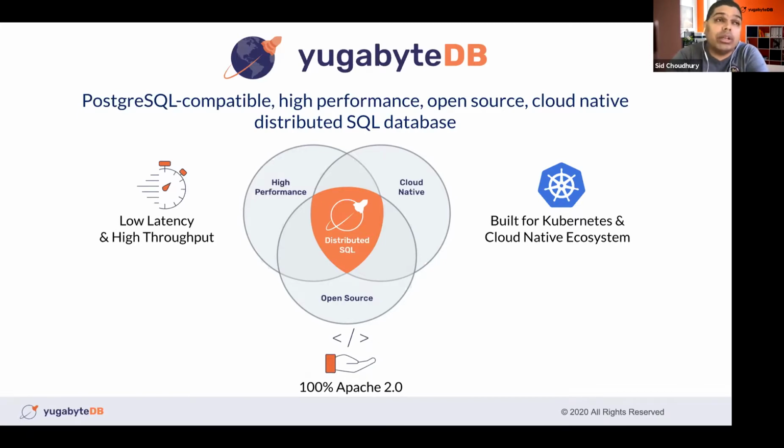That not only includes the horizontally distributed, shared nothing public and private clouds, but also extremely dynamic and elastic environments like Kubernetes, without compromising on data integrity in a relational transactional database, right? Last but not the least, we're 100% Apache 2.0 open source.